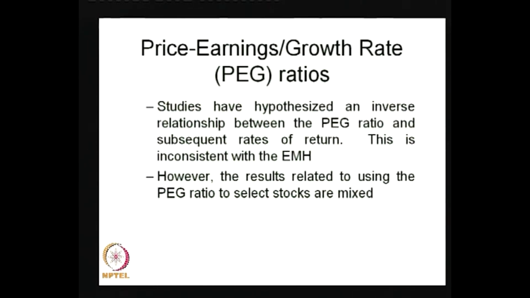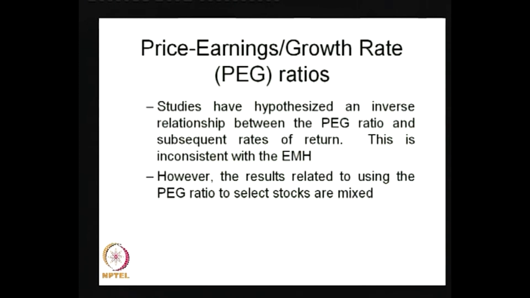If this kind of result is relevant, and the investor can use that information to outperform the market, then this is very much inconsistent with the efficient market hypothesis. However, the results other people have got using the PEG ratio to select stocks are very mixed, from the various markets.